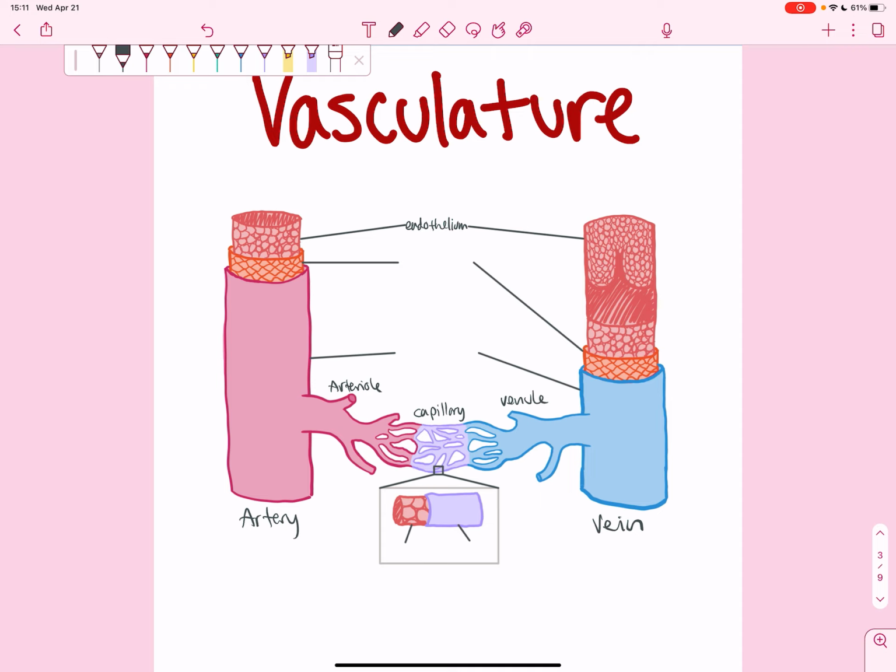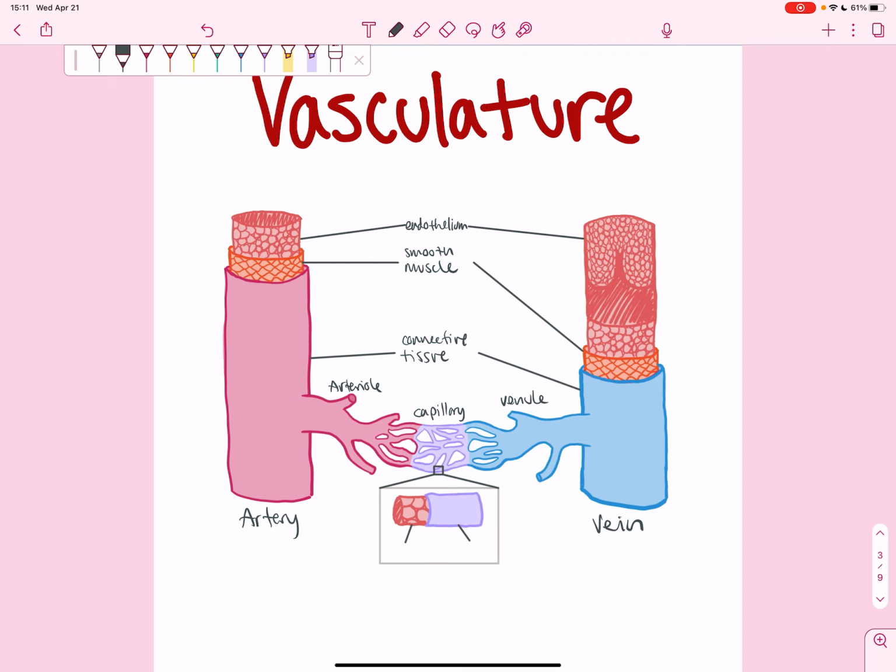Then you have the smooth muscle. Then we have the connective tissue that lines the outside of our vasculature.